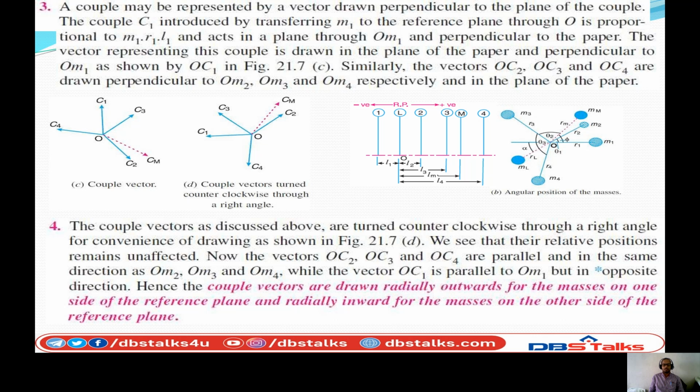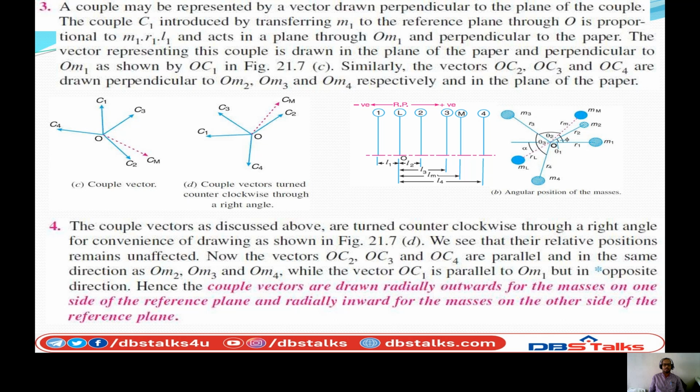Similarly, the vectors OC2, OC3 and OC4 are drawn perpendicular to OM2, OM3 and OM4 respectively in the plane of the paper. The couple vectors discussed now are turned counterclockwise through a right angle for convenience of the diagram.